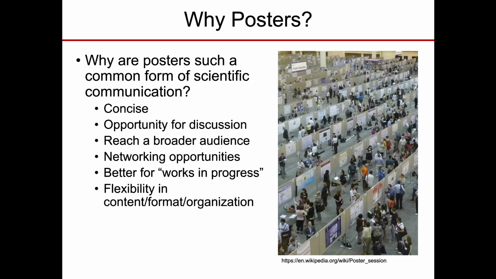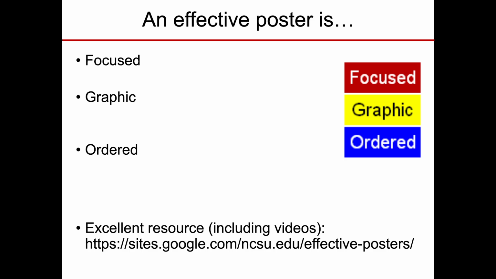All right. So let's talk about what makes an effective poster. Posters are, you can see from the slide, these three things. They are focused. They are communicating one single message. You don't have much real estate. Papers can be short, but I'm sure you've also seen papers that are pages and pages and pages long. With a paper, you can write as much as you want, include as much detail as you want.